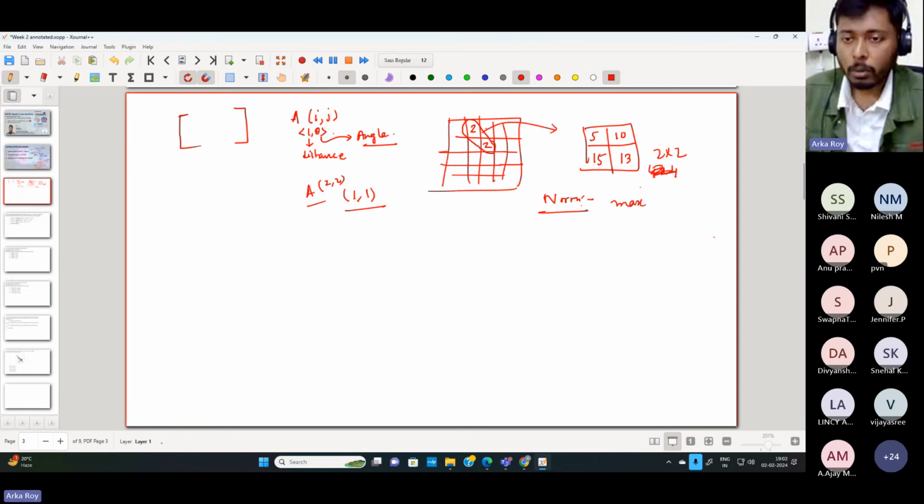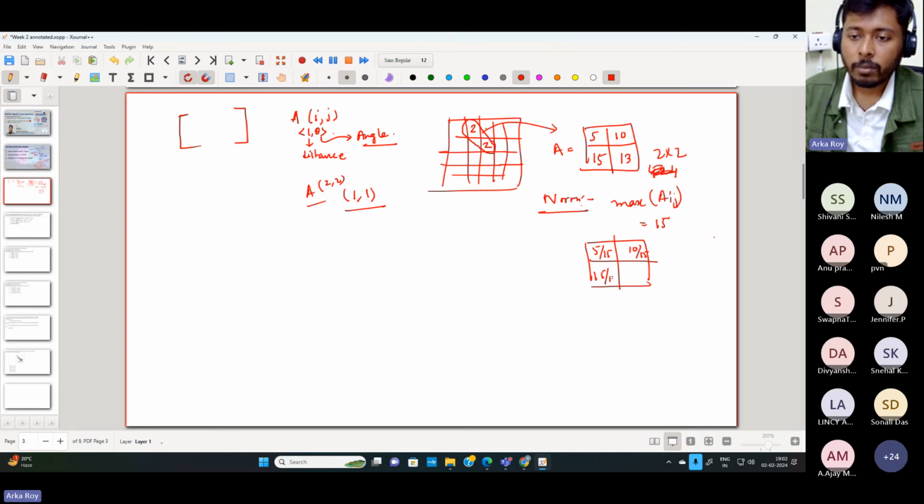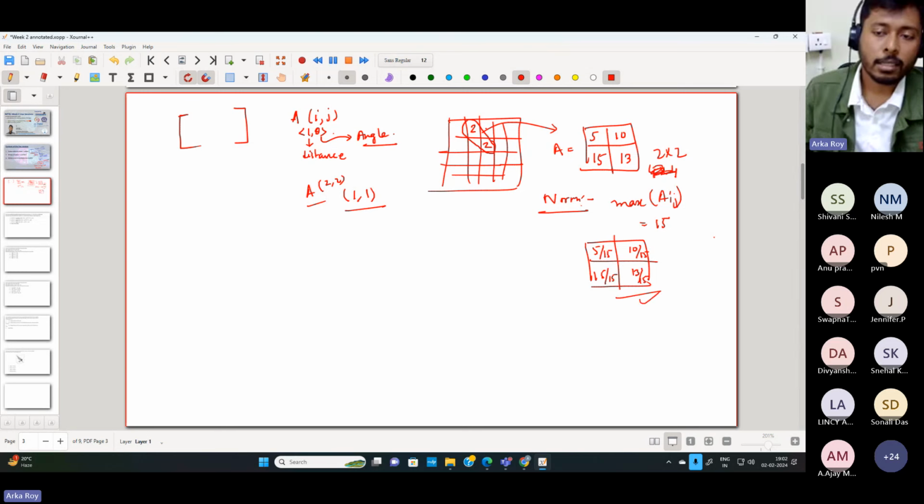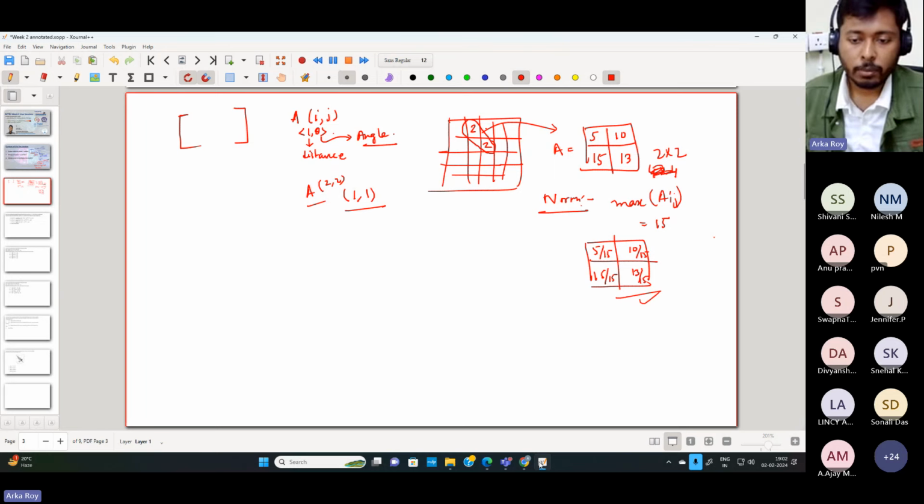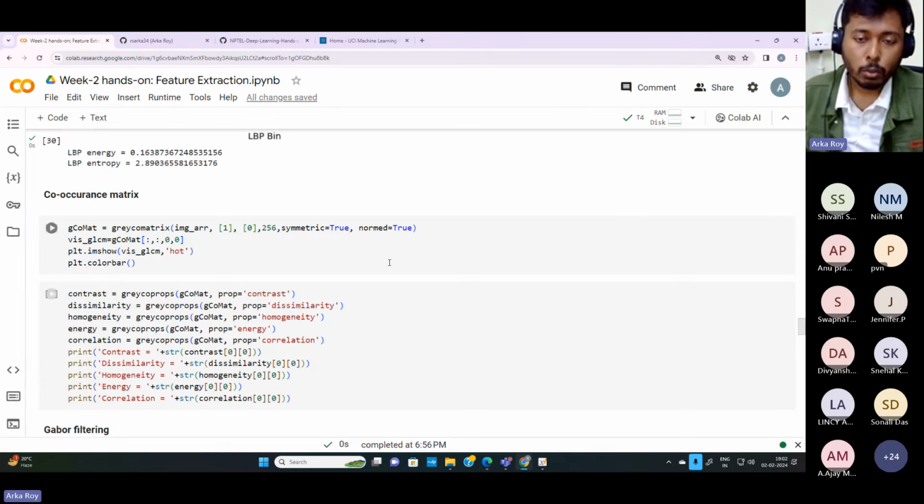If this is A, the maximum of Aij is 15. So your normalized GLCM matrix will be 5 divided by 15, 10 divided by 15, 15 divided by 15, and 13 divided by 15. So this is what normalization means. Over here, if you want your GLCM matrix to be normalized, then you write true. If you don't want it, then you write false.